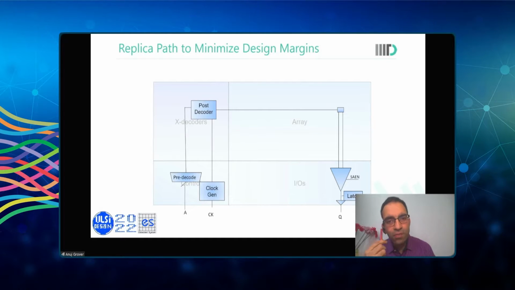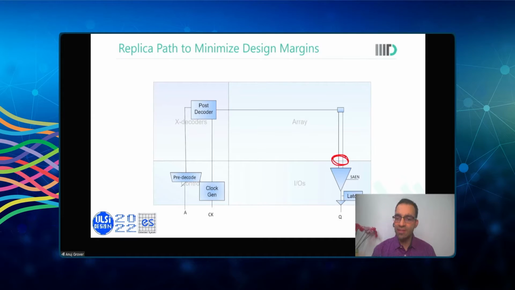The sense amplifier is an analog circuit, an amplifier which has its own offset. To do the correct read operation, the differential that appears on this pair of bit lines must be higher than the offset requirement of the sense amplifier.